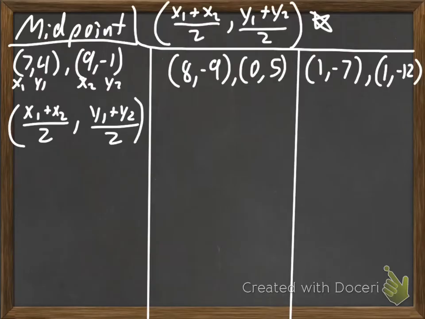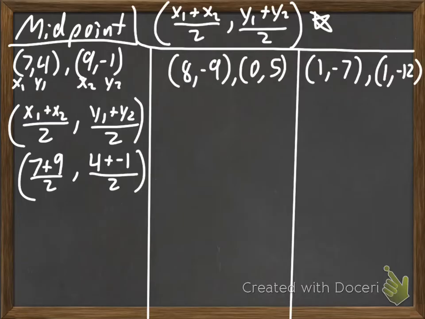So in place of x1, I'm going to put 7. So it's going to say 7 plus 9 divided by 2. And then we do 4 plus negative 1 divided by 2.